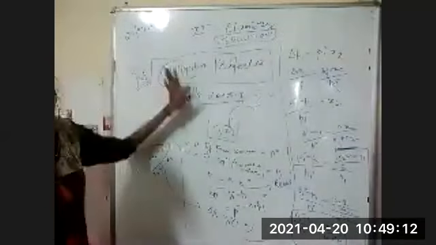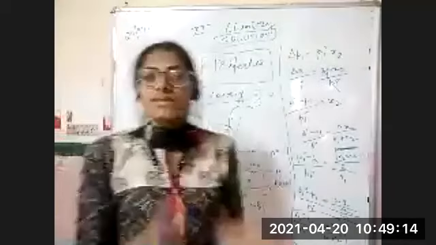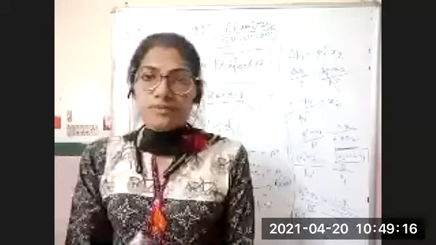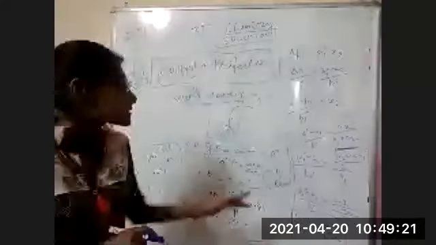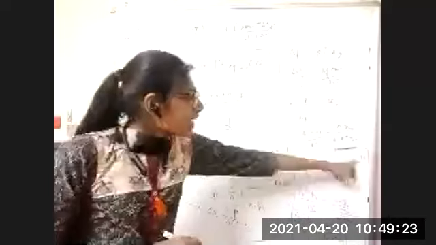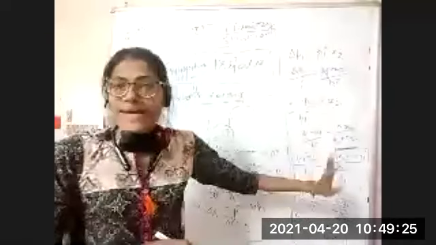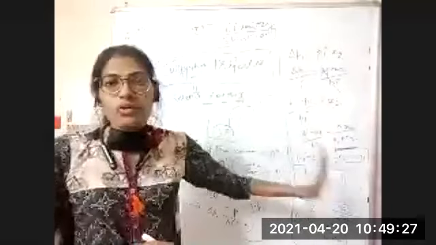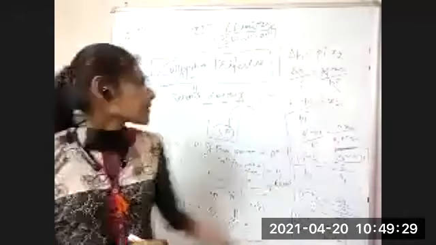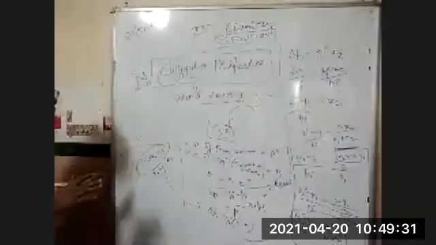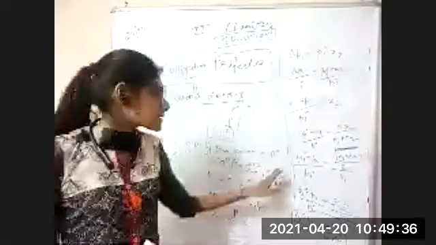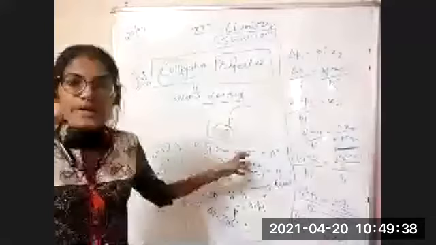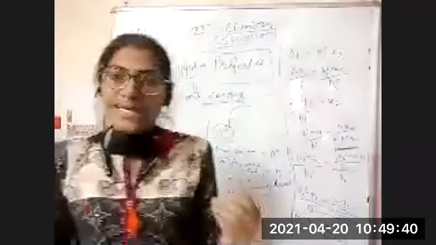What is colligative property? Colligative property is a kind of property of a solution which depends only and only upon the number of particles, and that we have seen in this particular equation. We have only the number of particles, not any other thing, not any kind of nature, not any kind of interaction. Now we know very well that if we have the vapor pressure of pure solvent, that is P1 naught, and if we put any solute into it, its vapor pressure would decrease.